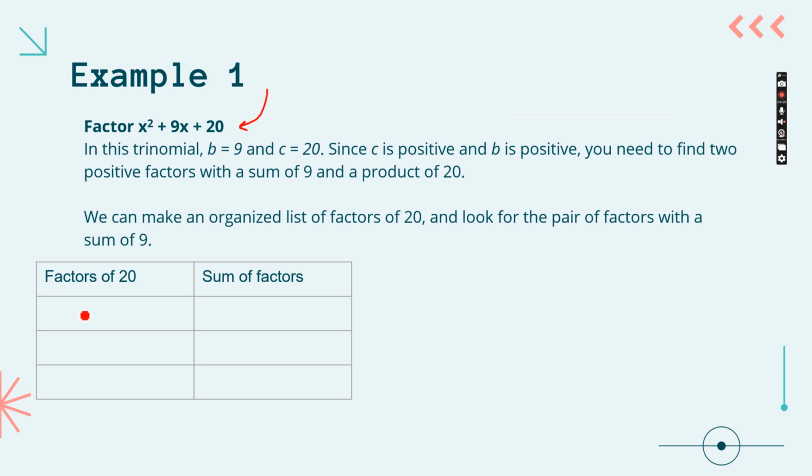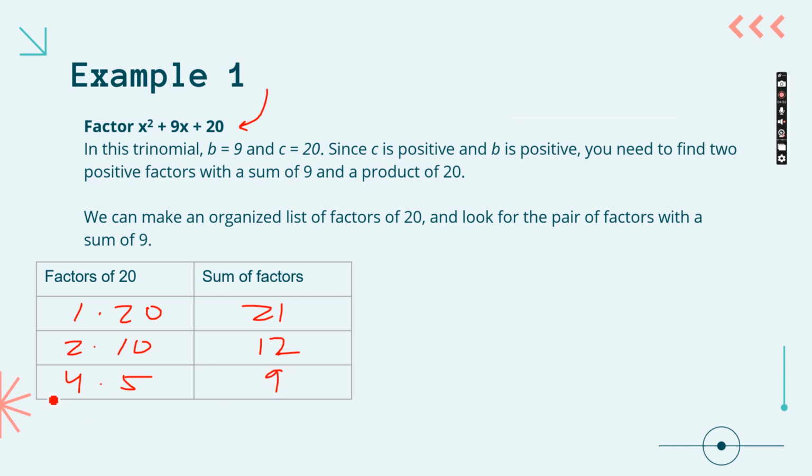The first easy one is 1 times 20, and 1 plus 20 is 21. Another is 2 and 10, and 2 plus 10 gives you 12, which is still not 9. But 4 times 5 works, since 4 plus 5 gives us 9.